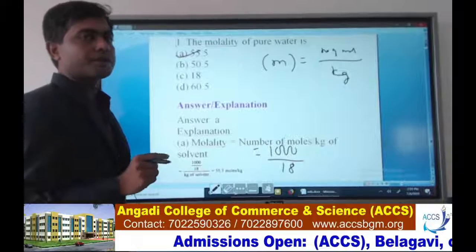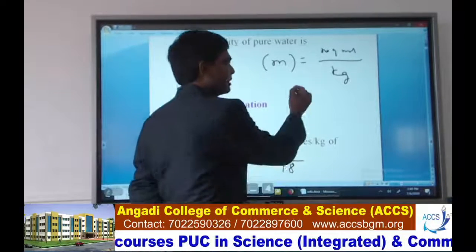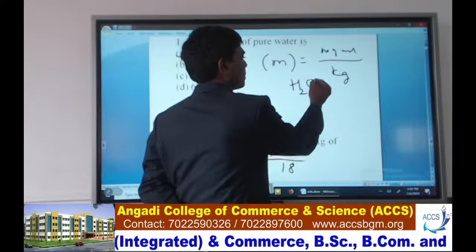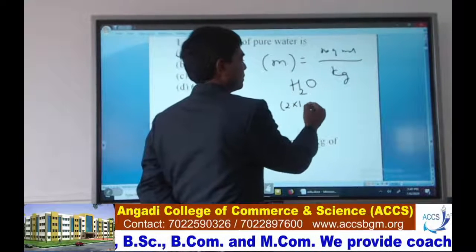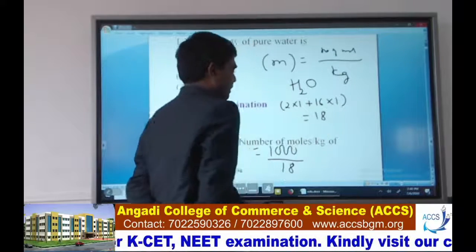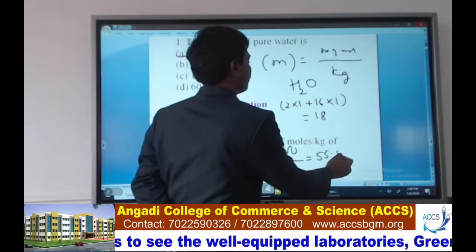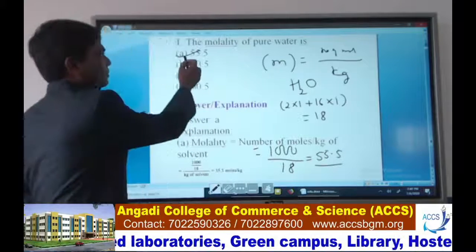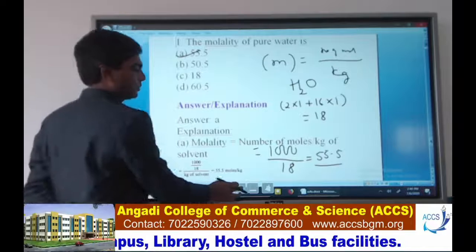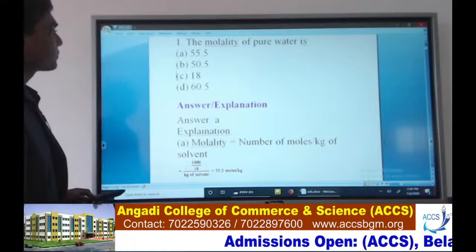Because water is always taken in 1 liter, 1000 ml. And why 18? H2O molecular mass: 2 into 1 plus 16 into 1 is equal to 18. If you divide 1000 by 18, your answer comes 55.5. Therefore, our answer for this question is A option. Molality of pure water. Okay.